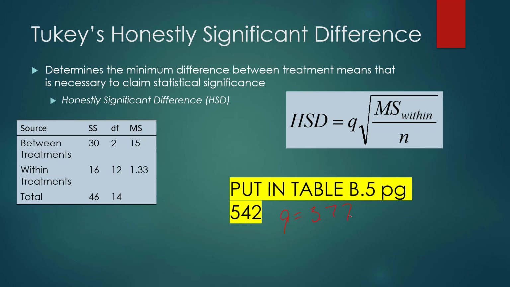So we know that value, and we can plug it in here: 3.77 times the square root of mean squared within, which was 1.33, over n. We plug that all in, and that's going to give us a value of 1.12. So we look at our means, and we can say that treatment 1 is significantly different from 2 and 3, but there's no difference between 2 and 3.